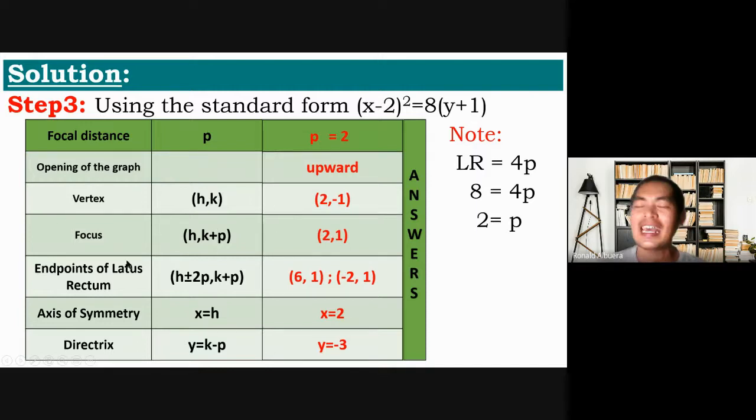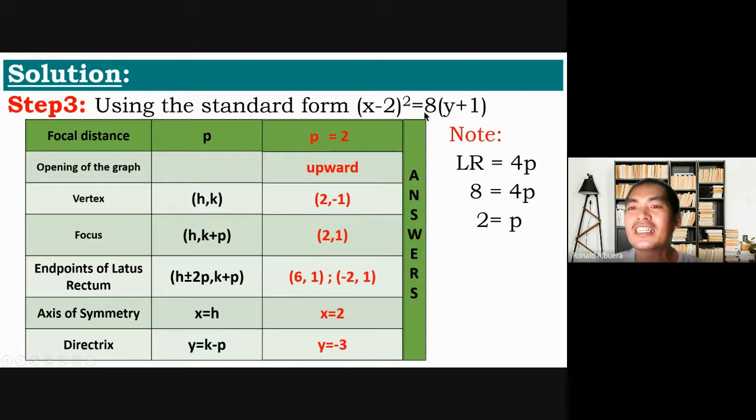Tandaan ha. How about naman sa latus rectum? Whatever the value of the y-coordinate of the focus, kukopyahin din ang y-coordinate ng endpoints of the latus rectum. We have 1, 1. At how about yung x-coordinate?